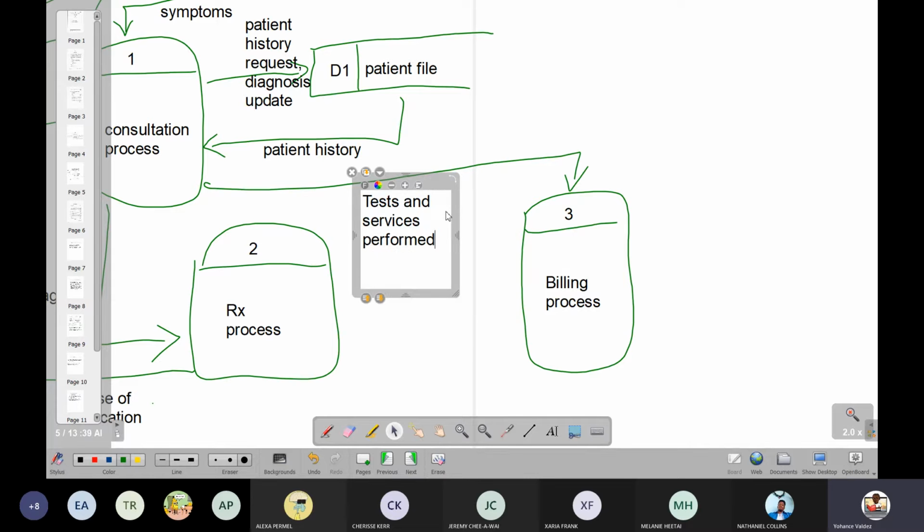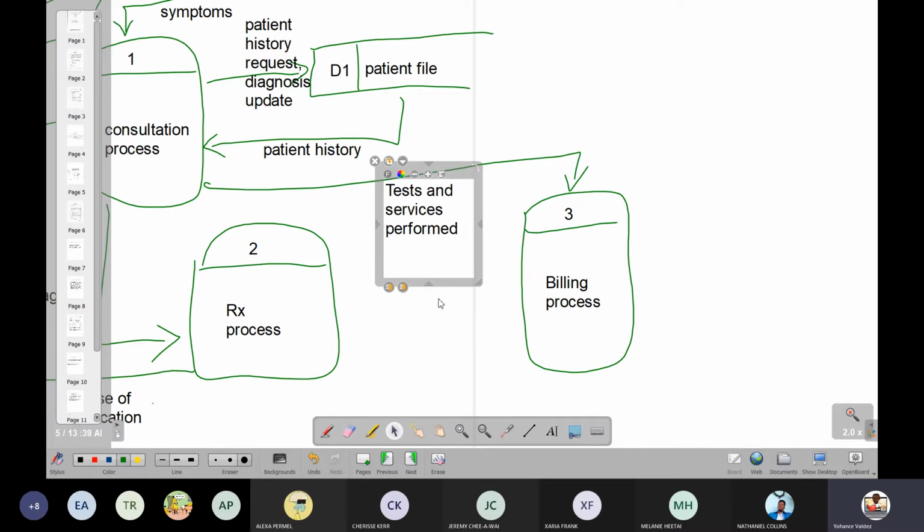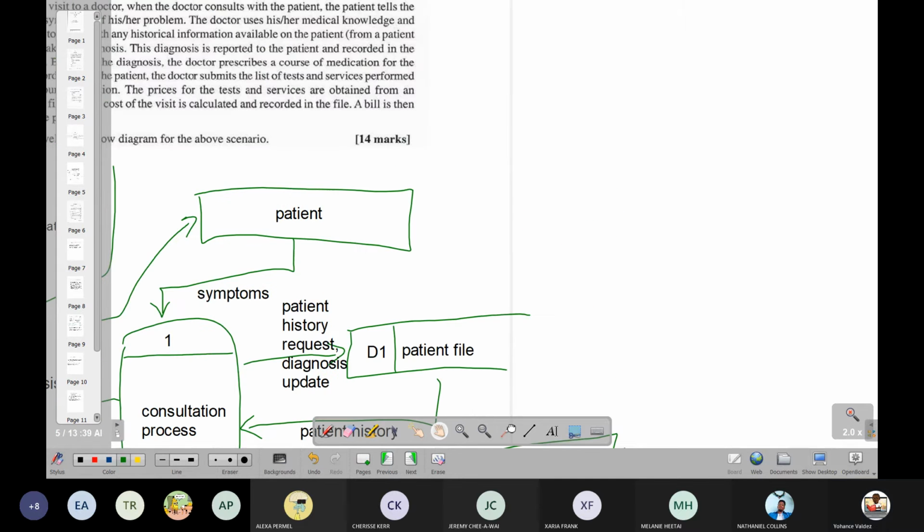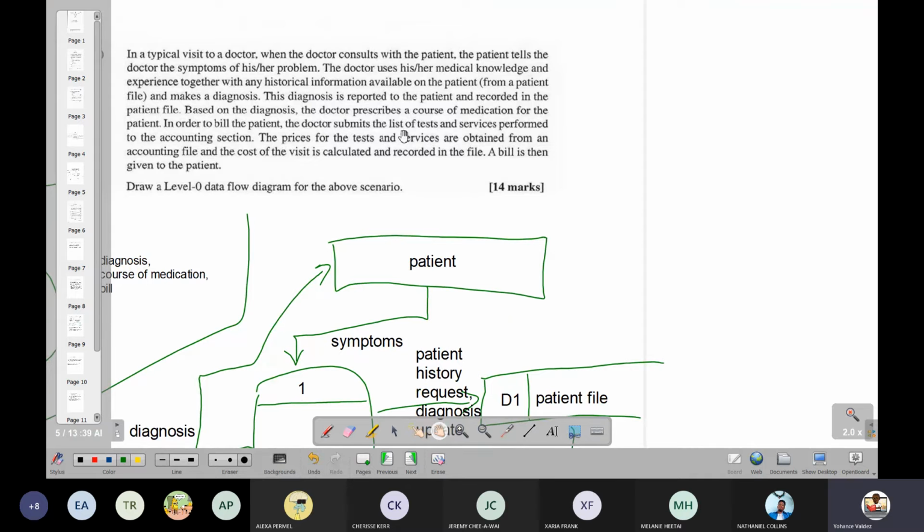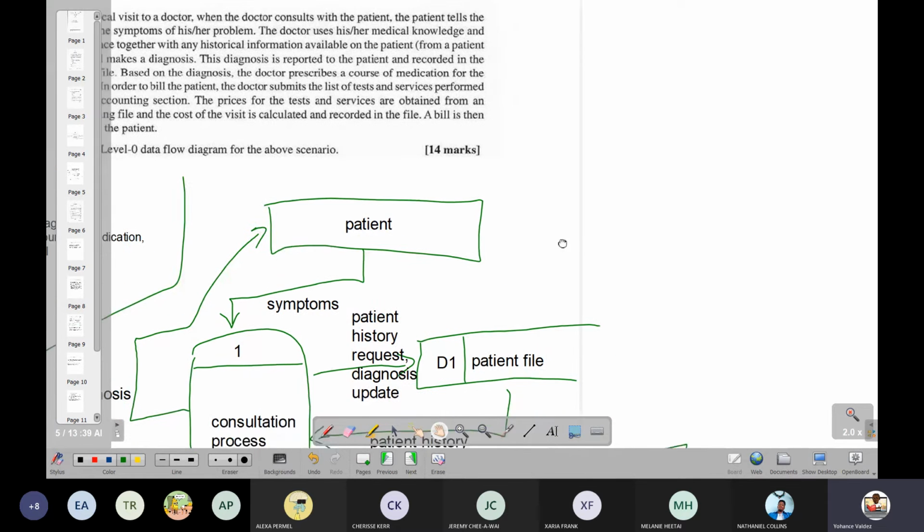So we have some tests and services performed inside of here, and that is sent to the billing process. We see that in the billing process, those tests and services performed are checked against an accounting file, and the cost of the visit is calculated and recorded in the file.